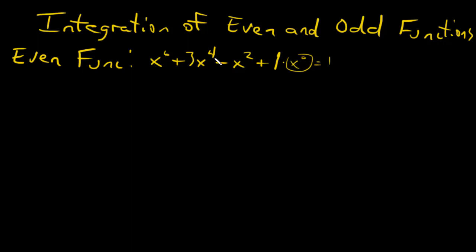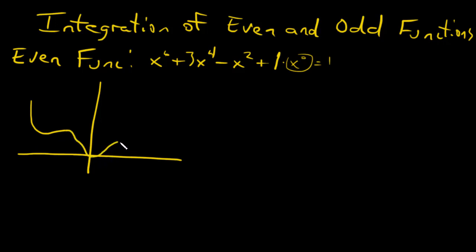So if you have an even function, what does that look like when you graph it? Well, if I graph this thing, I have absolutely no idea what this actually looks like. But let's say it looks something like this. Oh boy, I'm doing a great job. Assuming I can actually draw.